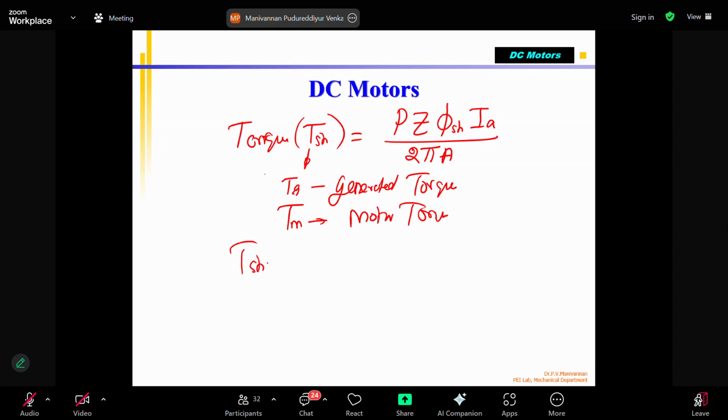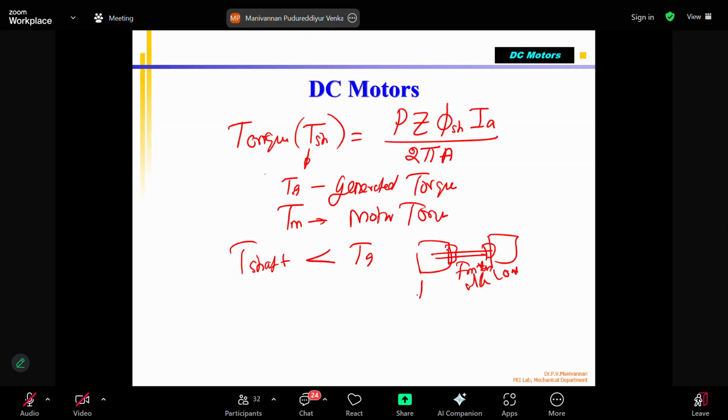The shaft torque, T shaft, will always be lesser than TG. Why? From the motor a shaft comes out and I connect it to the load. Here I have bearings, there is friction, bearing friction, on the motor side and the load side. So frictional losses happen.